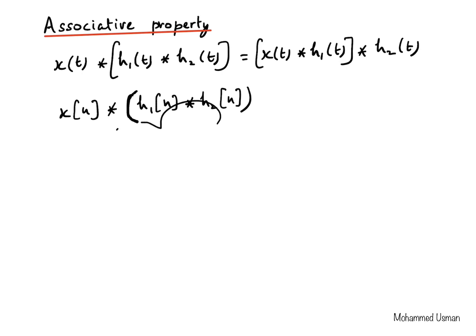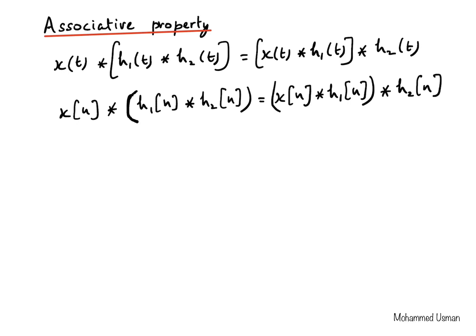So x of n convolved with h1 of n convolved with h2 of n is the same as x of n convolved with h1 of n first, and then that result convolved with h2 of n. Okay, so the order of this convolution does not affect the result. We can verify that. Okay, you will see that in your tutorial classes as well. When you have these multiple convolution operations, it doesn't matter in which order you're performing these convolutions, the result is always going to be the same.